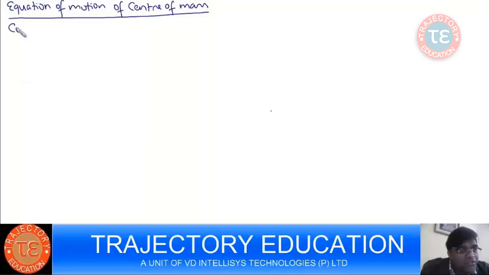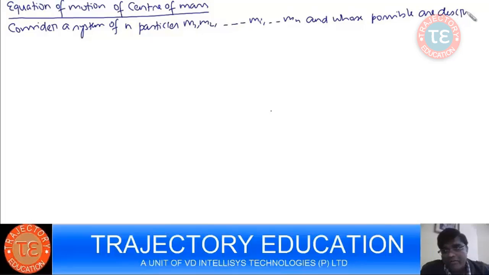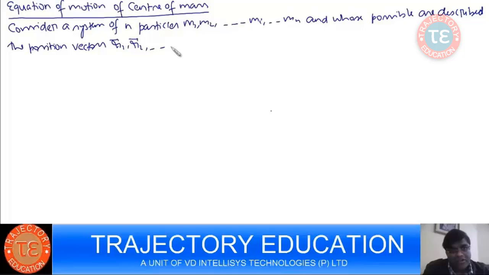So for this, let me consider a system of n particles, m1, m2, mi, mn, whose positions are described by the position vectors, say r1, r2, ri, rn.